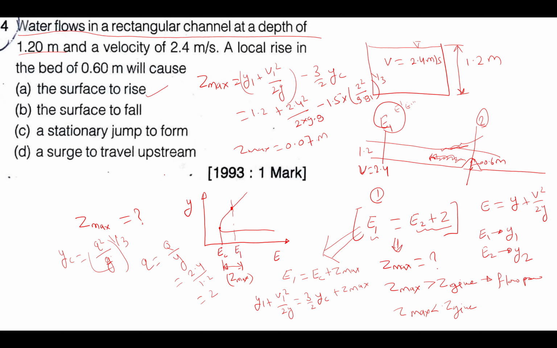So a surge will travel upstream and the energy will change from E1 to E dash. The depth will increase upstream, or velocity will decrease, and then again flow will be possible. With E1 energy the flow is not possible, that is surge. Option D is correct: surge travels upstream.